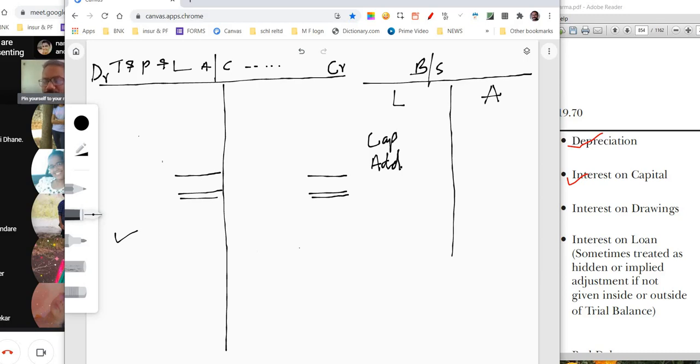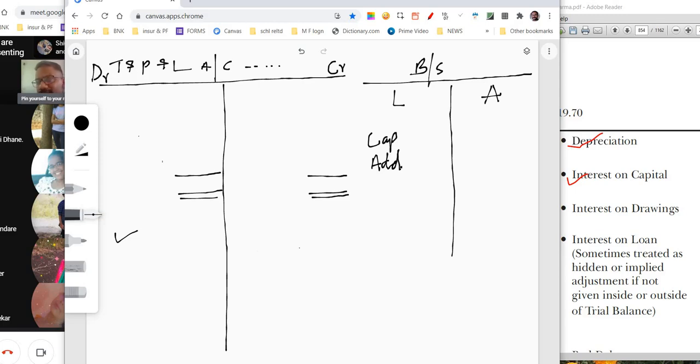Any other figures which we add to capital? Net profit. Net profit, number one. Anything else? If no, you tell me no. Normally, these are the two items added: net profit and interest on capital.